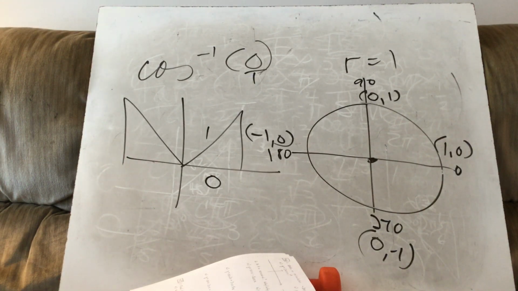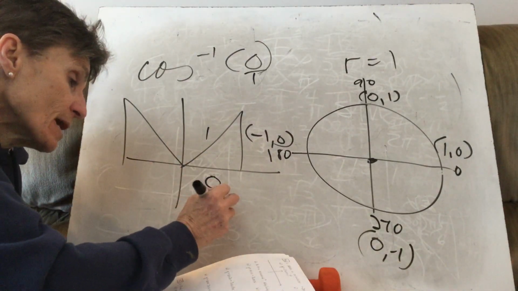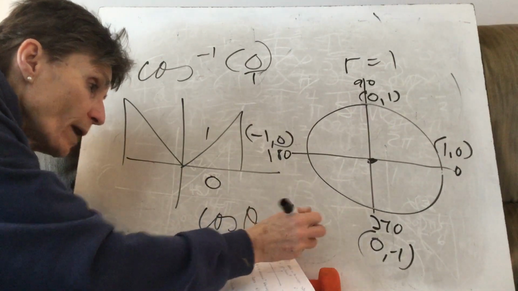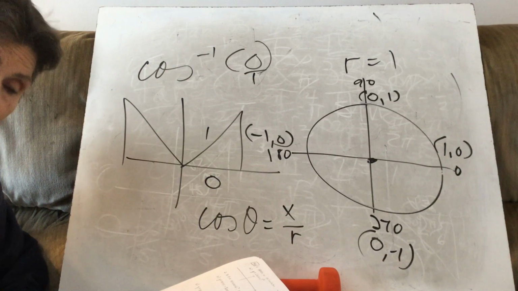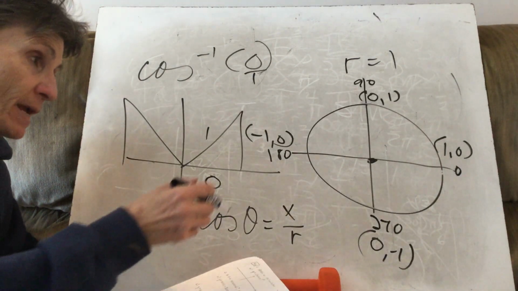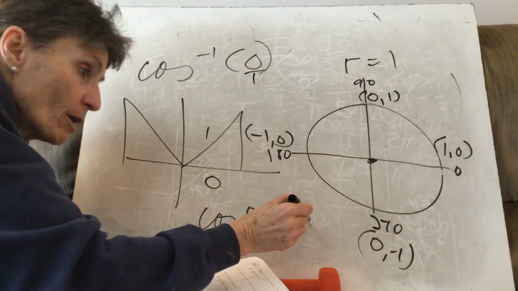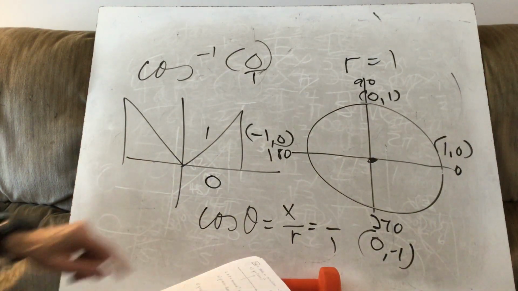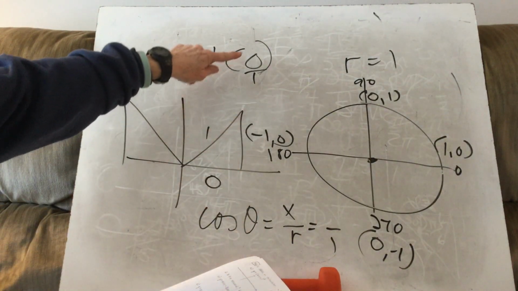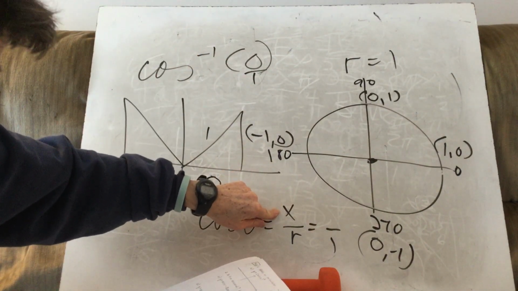Okay. Now, look at your pink sheet since you got it there. Cosine is not only adjacent over hypotenuse, but isn't cosine also x over r? So this is where our circle helps us. All of these points have an x and a y, and r is automatically 1. We know r is 1. That's the way we set it up. So if we want the cosine to be 0 over 1, then don't we need x to be 0?